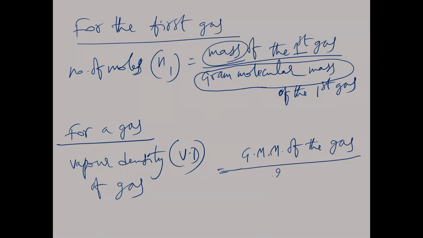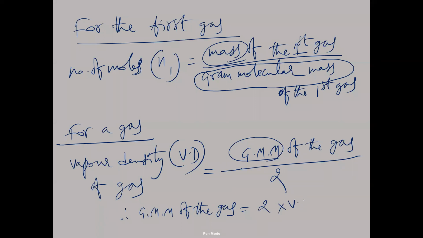So gram molecular weight by 2 will give the vapor density. Or from this, what is the gram molecular mass of the gas? It is the given vapor density into 2.